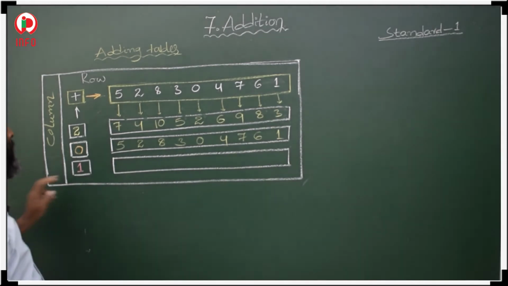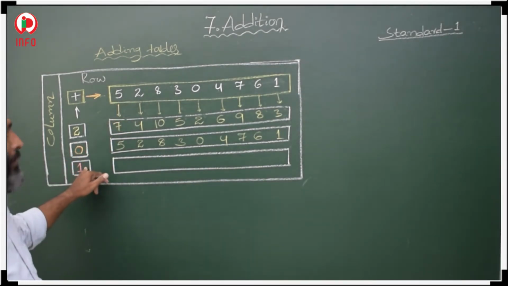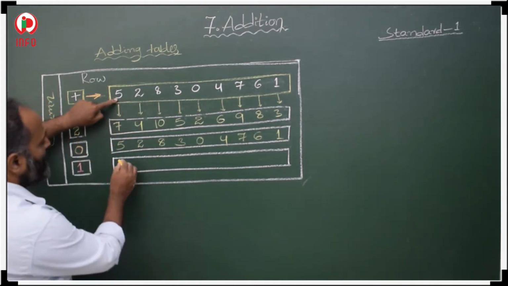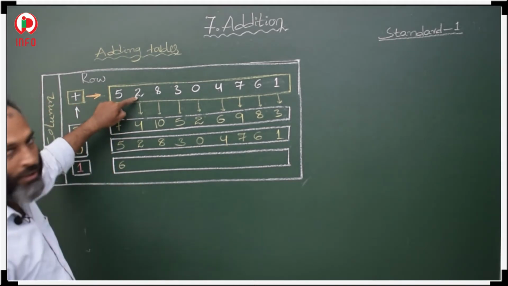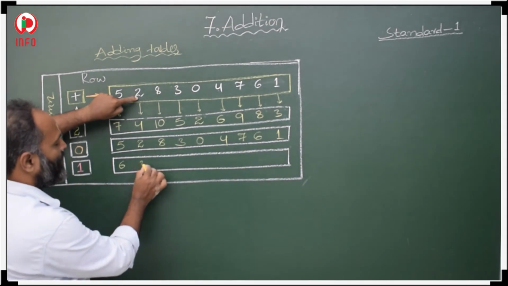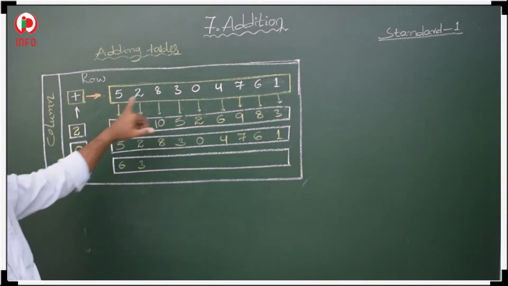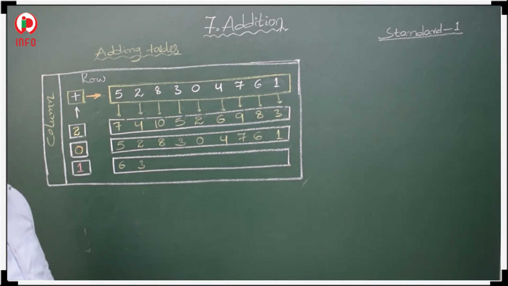Now 5 with 1 means we have to count 1 forward. After 5, 6 will come. After 1, 2 will come. After 2, 3 will come. 8, after 1. Why? Because here 1 is there, so we have to add with 1. So the very next number will come.